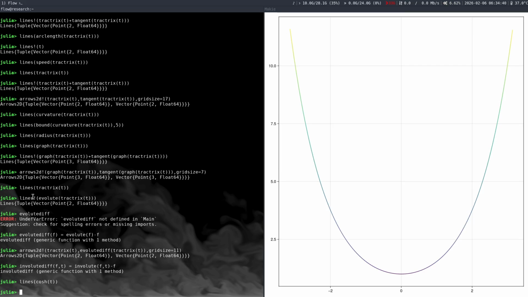This is what we start with. Similarly, we can basically obtain from this hyperbolic cosine the involute, which is then the same as the tractrix.